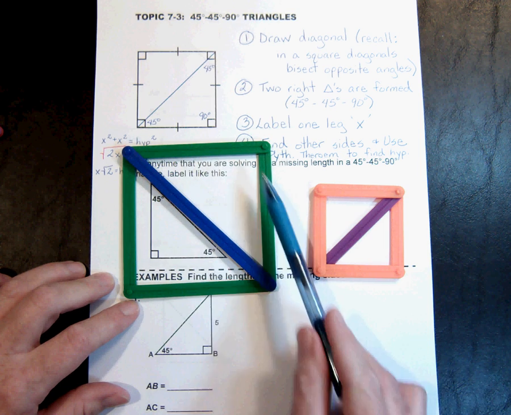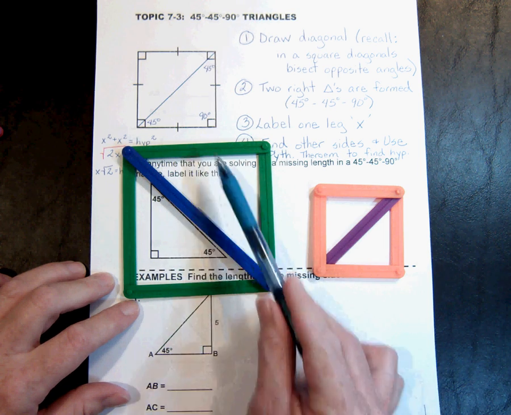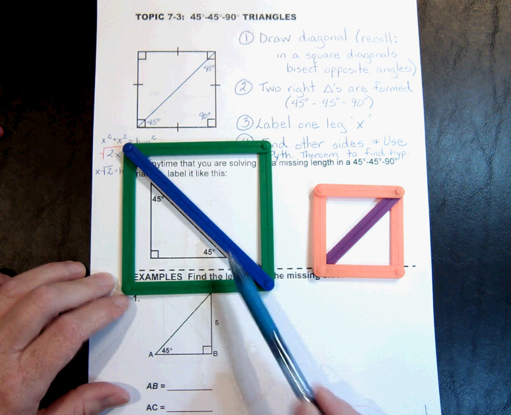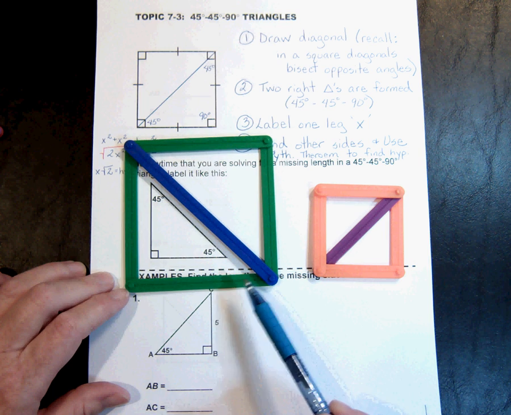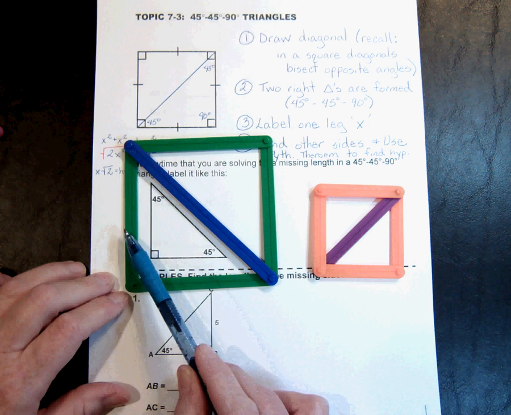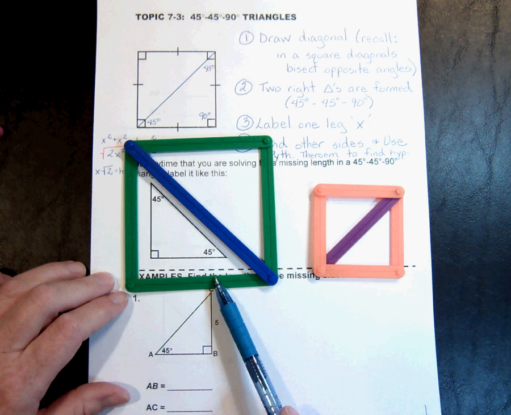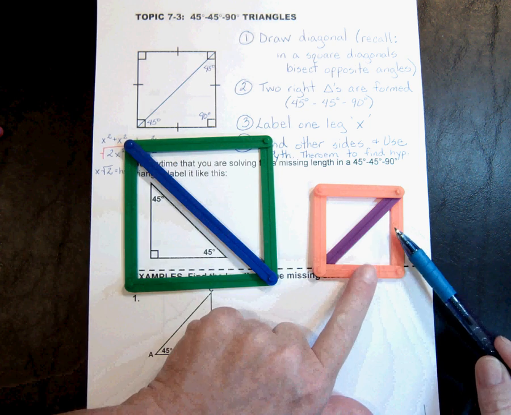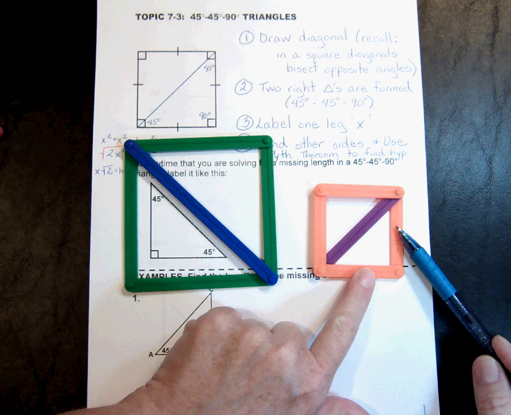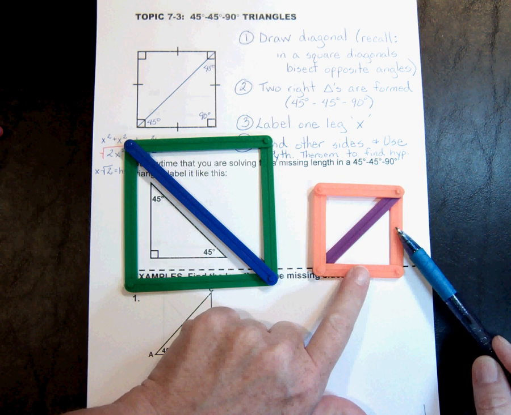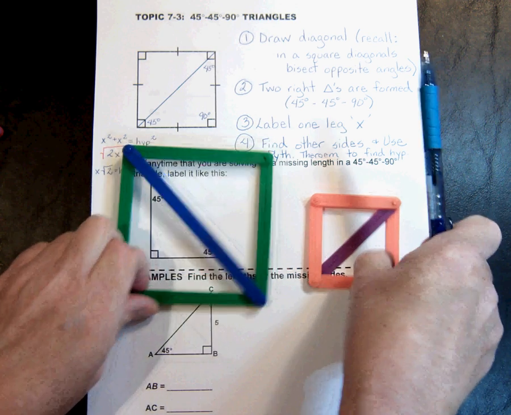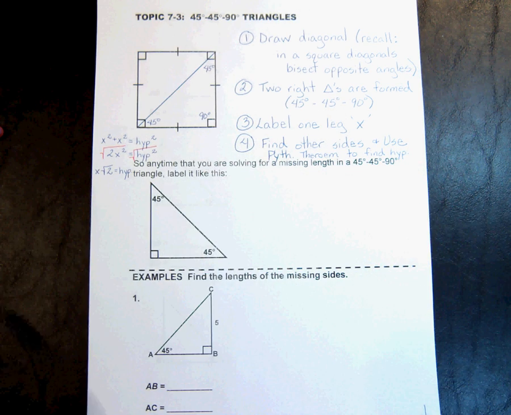If I make this triangle with two greens and a blue, it's the diagonal of a 45, 45, 90 triangle. Always the value of the legs are going to be the same. Two greens, along with the same thing would be two of my oranges. So remember that when we label the value of our sides, those are going to be labeled with an X. So always your side lengths are going to be the same.